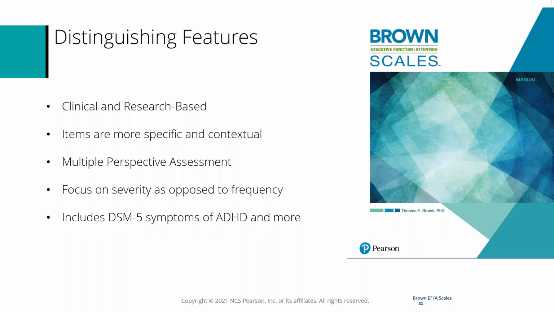The items on the Brown are more specific and contextual. They take into account situational variability, and the items also focus on severity of specific problems rather than frequency, like we see on many of our other scales. And this allows the examinees to report more accurately how much difficulty they are experiencing with each specific symptom.